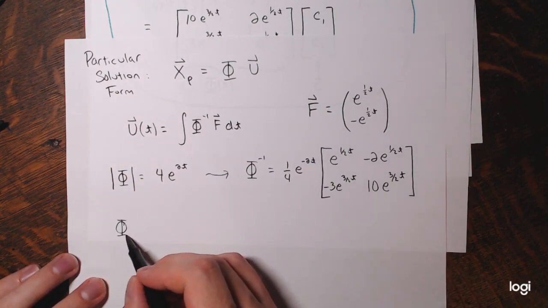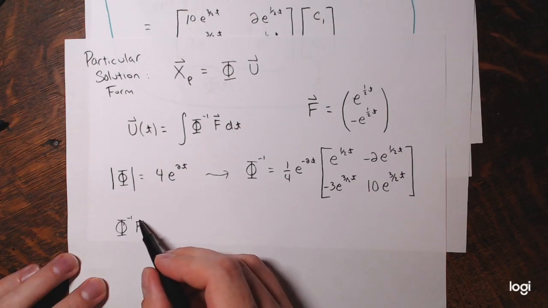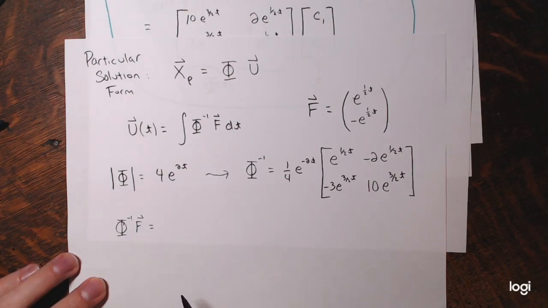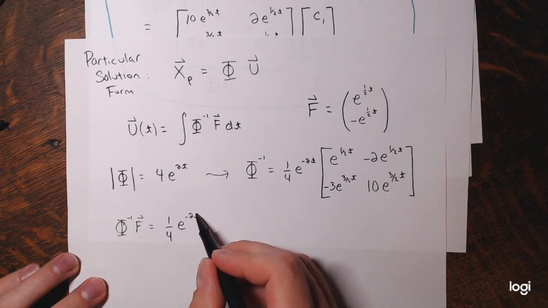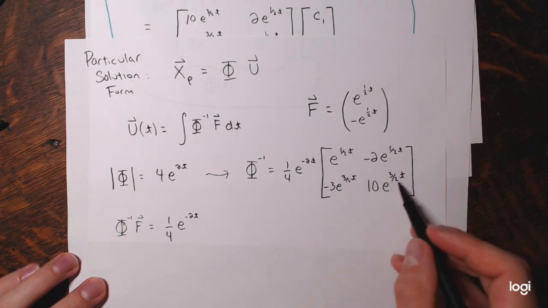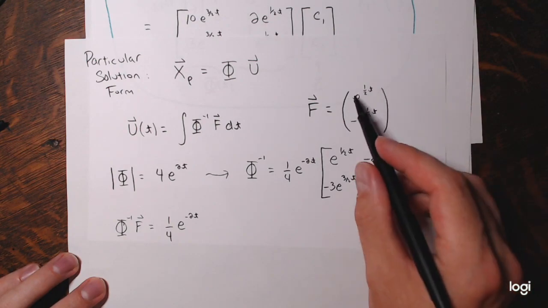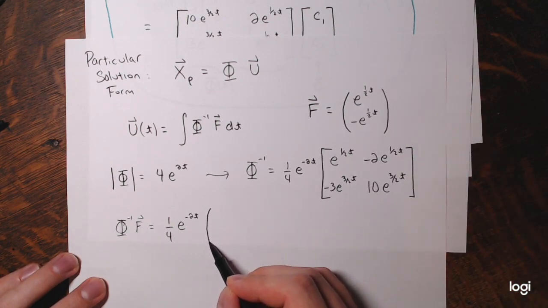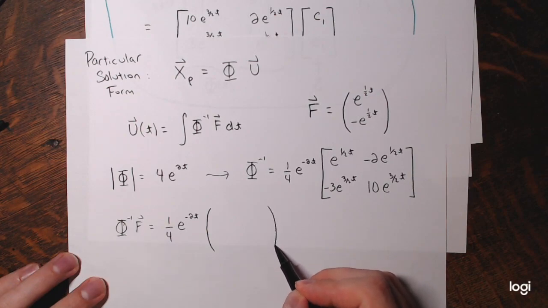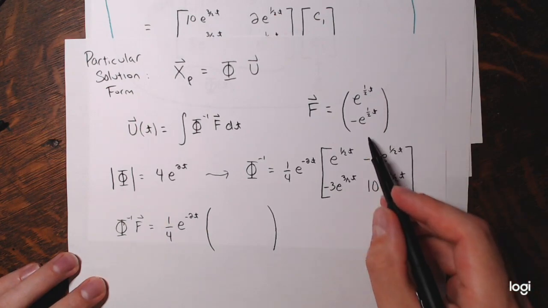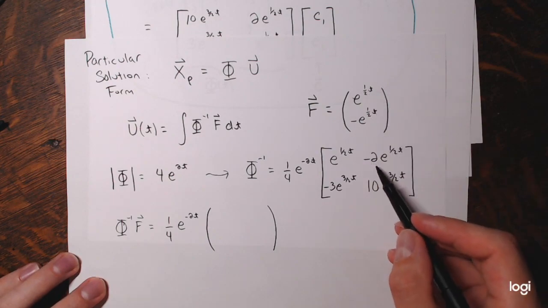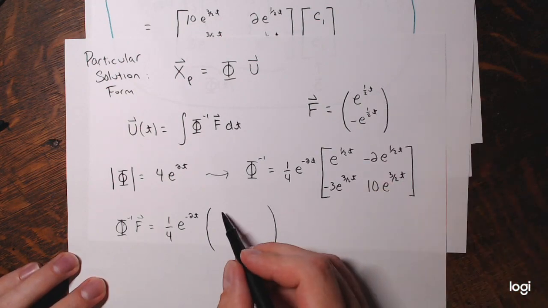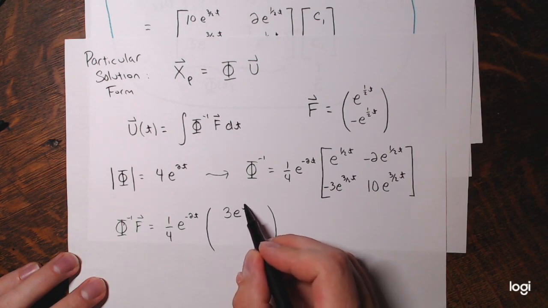Now I want phi inverse times f, and then we'll integrate with respect to t component by component. I'd have this quarter e to the negative 2t out here, and then this 2 by 2 matrix times a 2 by 1 vector f will be a 2 by 1, where I take first row with first column. So this would be e to the t plus 2 e to the t, that'd be 3 e to the t.